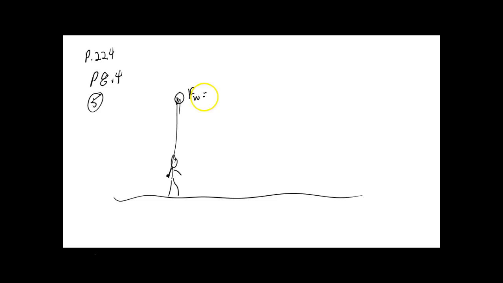The weight of the ball is 0.175 pounds, which isn't a very heavy ball, thrown upward with an initial velocity V sub I equal to 75.0 feet per second. What is the maximum height reached by the ball?